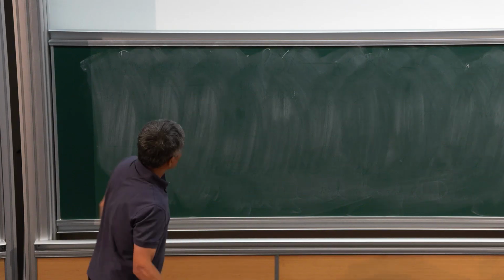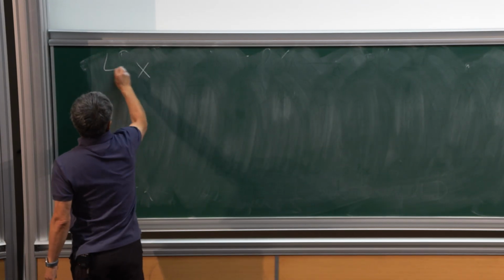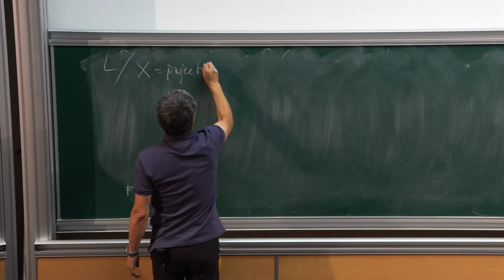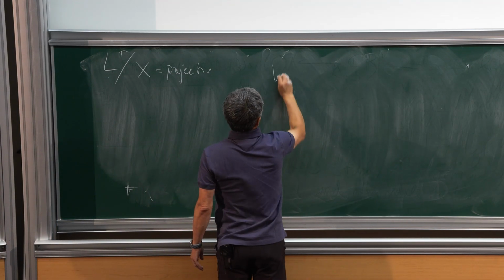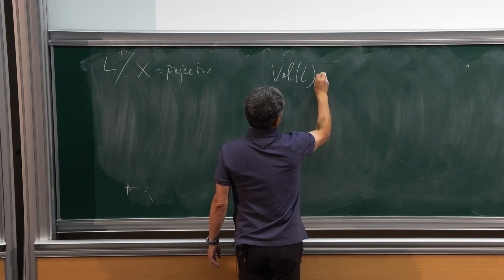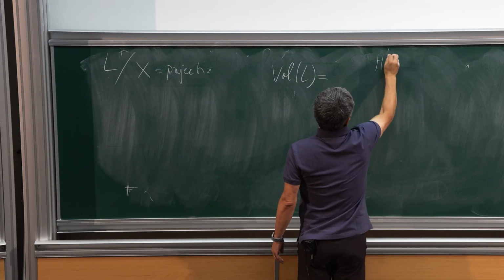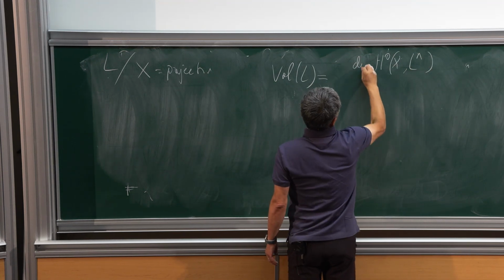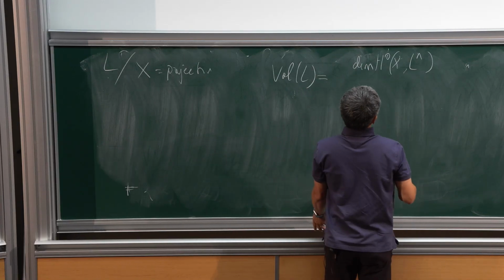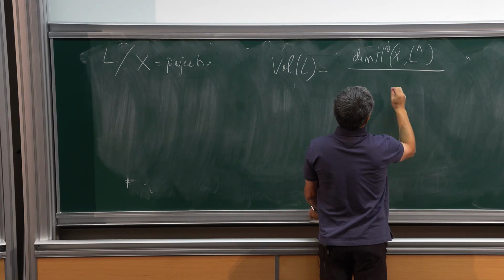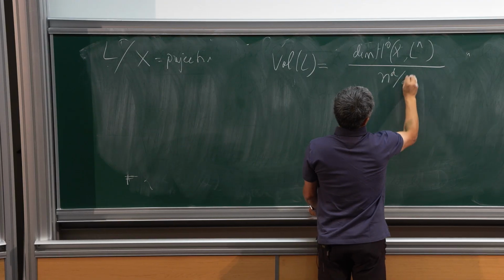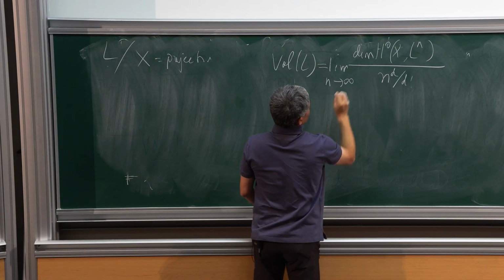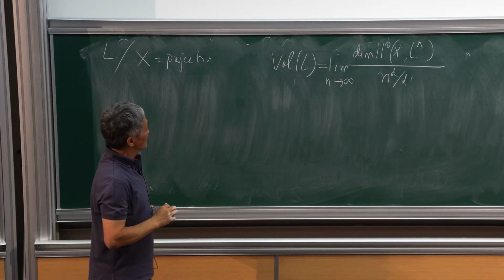So let me write it down. If X is projective with a line bundle, we have a notion called a volume. Essentially you compute the sections, count the dimension, then divide by n to the d over d factorial, and take the limit as n goes to infinity. This limit does exist. It is called the volume.